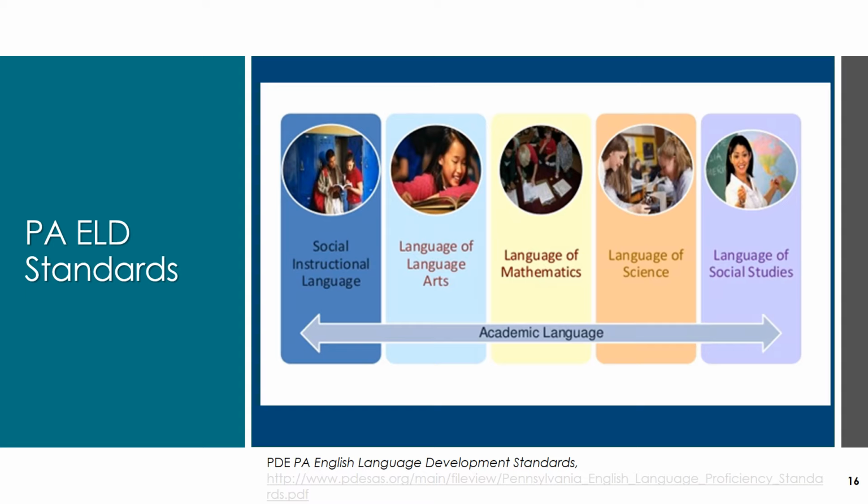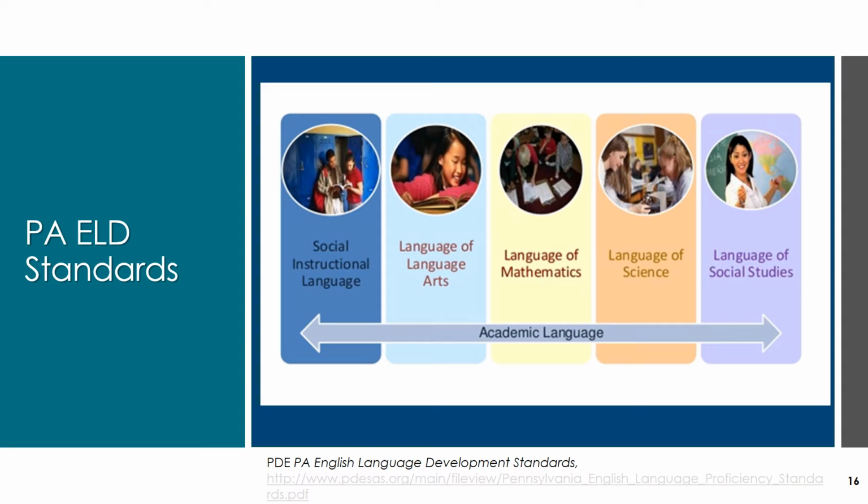It is important that there are 5 standards, and one standard addresses social instructional language. Then there's the language of language arts. Students can communicate information, ideas, and concepts in the language of language arts.